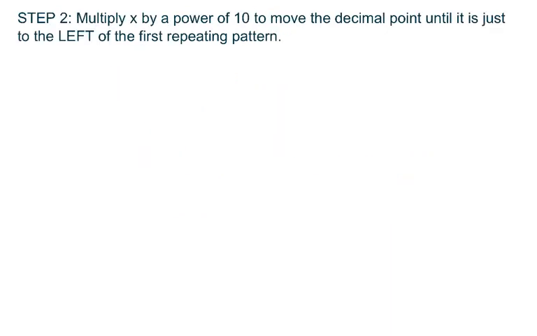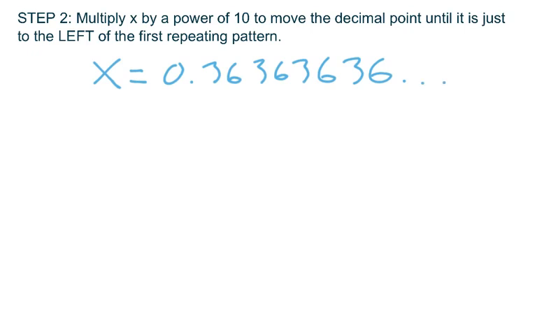Now, step 2: multiply x by a power of 10 to move the decimal point until it is just to the left of the first repeating pattern. This takes a little getting used to, but it's not too bad. So where are we again? We have 0.363636, etc. And what this is saying is I'd like the decimal point to be just to the left of the first repeating pattern.